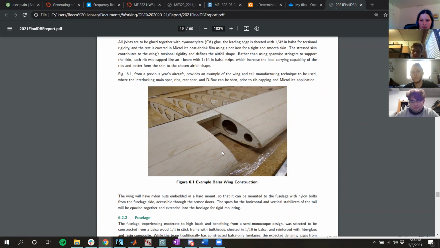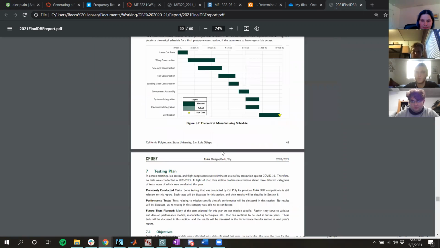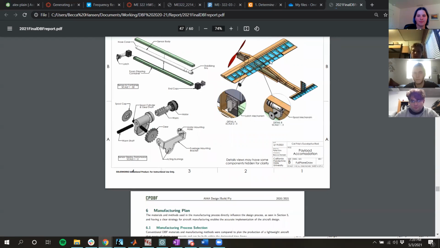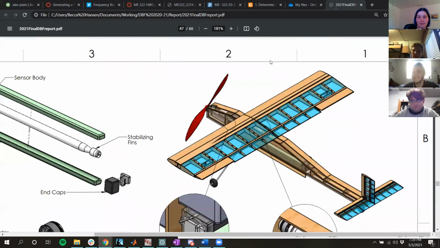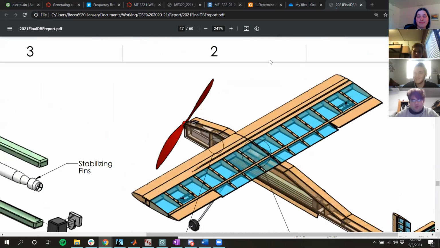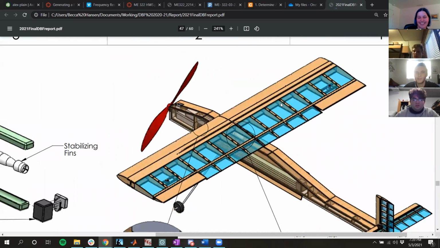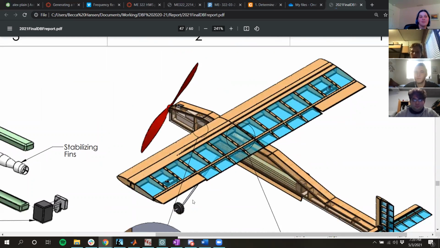By doing them. Of course, just do them. So we have balsa wood control surfaces sometimes, if you want to.